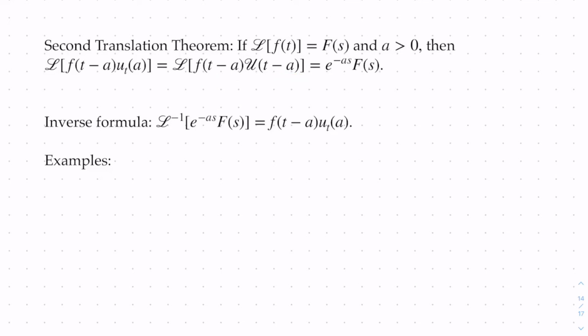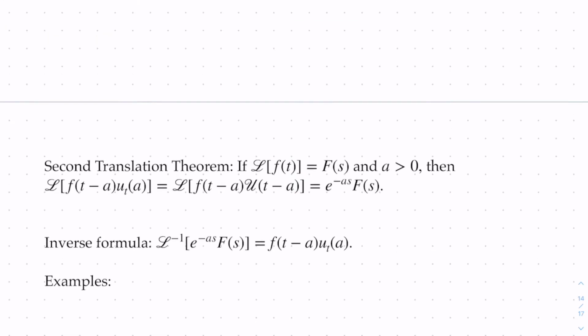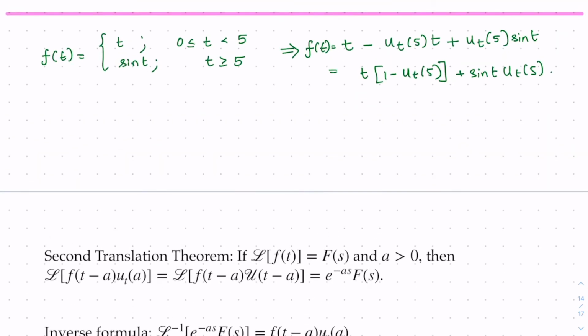And by the way, what is f of t minus a times u of t minus a? That's actually a function. If you try to graph that function, the graph is going to look like this. f of t minus a times u of t minus a is going to be 0 until a, and then f of t minus a after a.